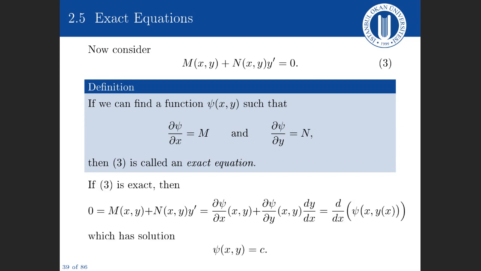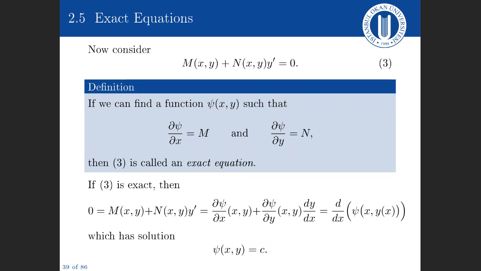If the equation is exact, then we could do the same method that we did before. Our differential equation is basically just the same as d/dx of psi equal to 0. So the solution to our differential equation is then just psi equal to c. So the idea in this chapter is we're going to find this special function psi, and then we're going to write down that the solution is psi is equal to a constant.